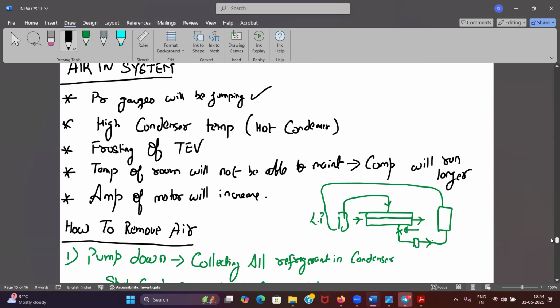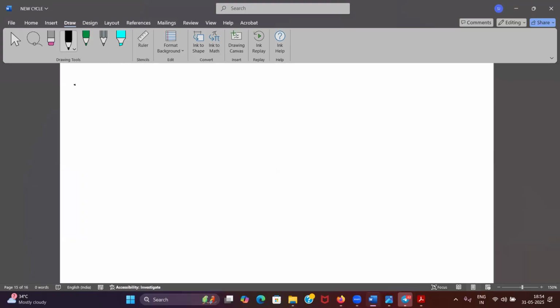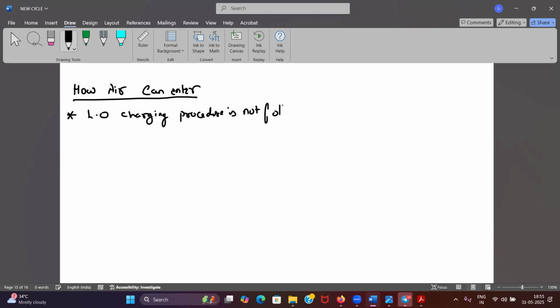First of all, how do you know air is present, and I still have to discuss how it is coming in. How can the air come in? At the time of opening of the valves, at the time of charging refrigerant, at the time of charging lube oil. Or if the LP pressure cutout is not properly set, then air can also come in. If lube oil charging is not done properly using vacuum pumps, can I write it like that?